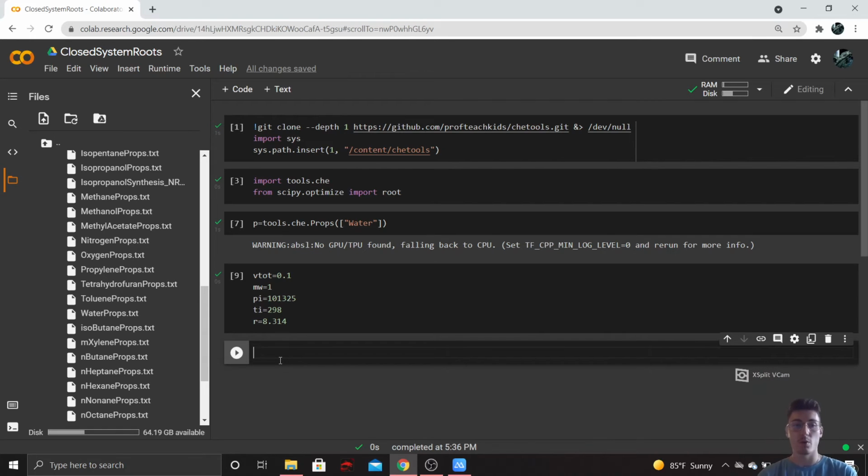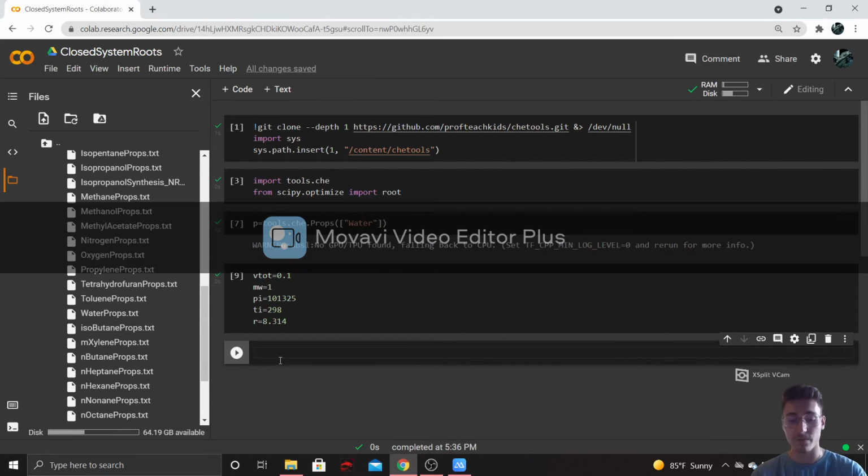So now what we want to do is find the number of moles of air. Again, we found that earlier.